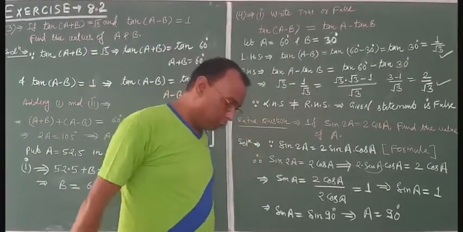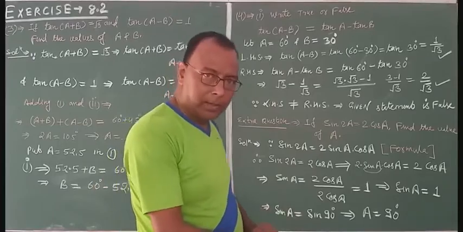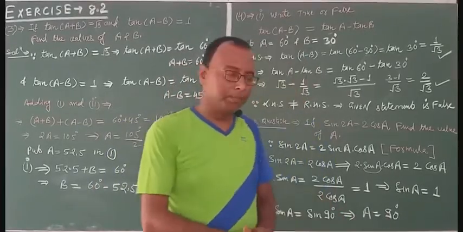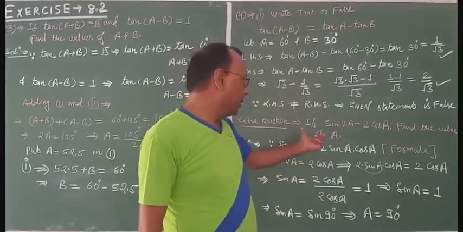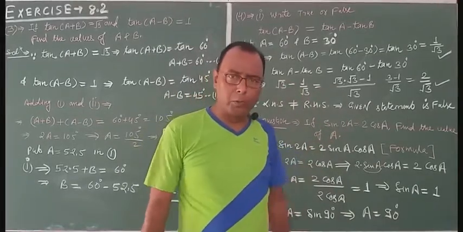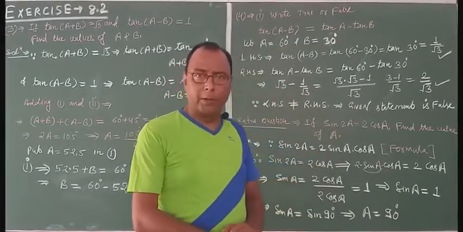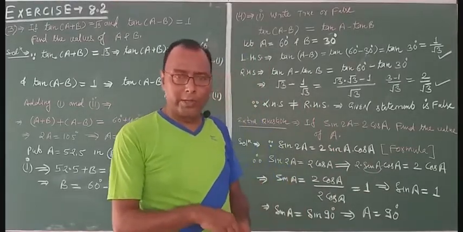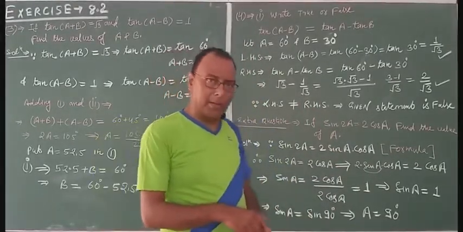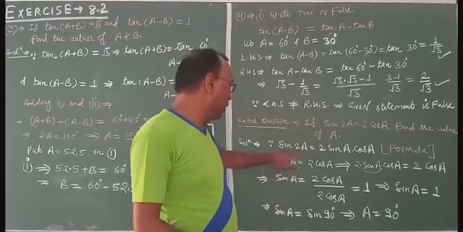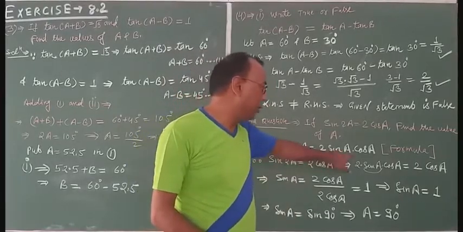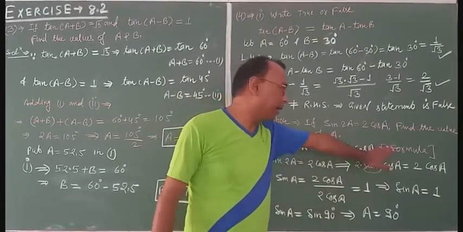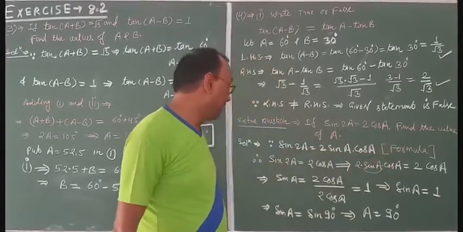Now just look at this question. This is one extra question. It is given, if sin 2A is equal to 2 cos A, find the value of A. For this question, we have one formula: sin 2A is equal to 2 sin A into cos A. This is the formula.